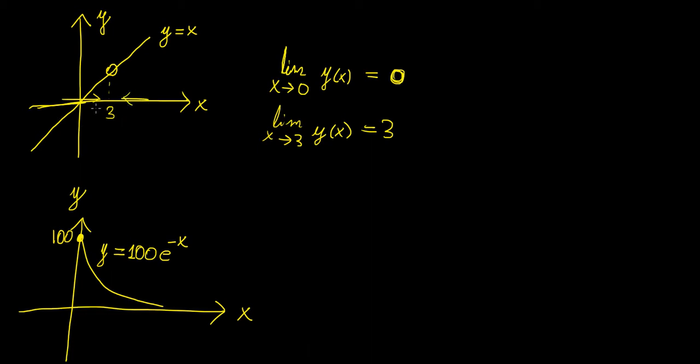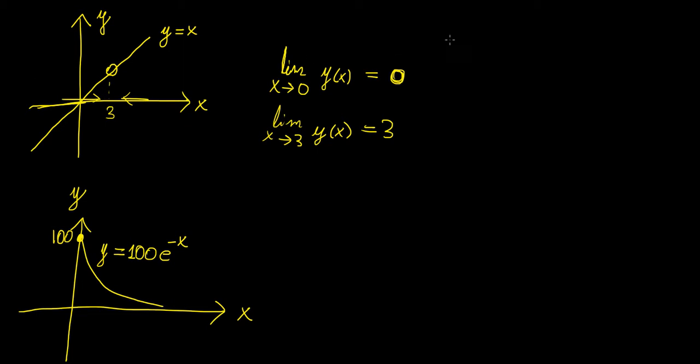And this is one of those functions in which it doesn't really matter which side you approach it from. It is still going to be the exact same value. And this is what we characterize as a continuous function. We say that a function is continuous at a specific point if the limit at that point approaching from either side of the x-axis is exactly the same.